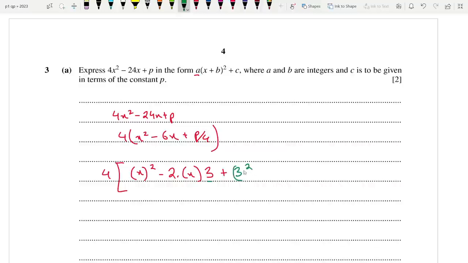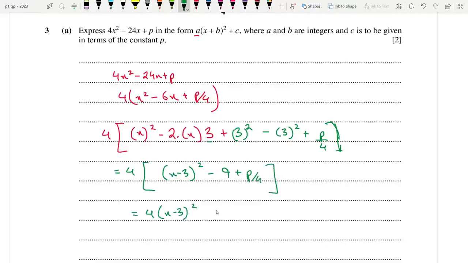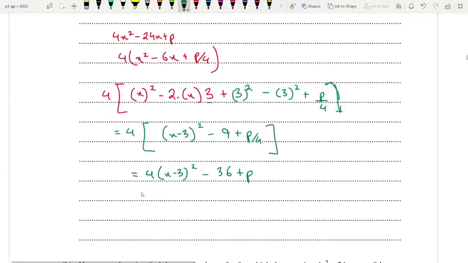Then we give the plus sign, and now since we have this 3 over here, we have to write 3 square, and since we introduced a 3 square, that is not mathematically sound, so we need to subtract this as well. And as usual, we have p by 4. Next step, we can write this as (x minus 3) whole square minus 9 plus p by 4, and if we break down the bracket, it's 4 (x minus 3) whole square minus 36 plus p, or we could write it as this.